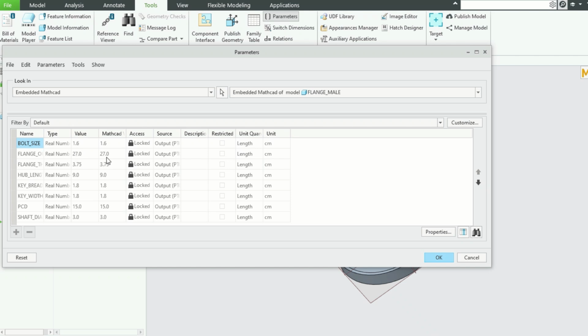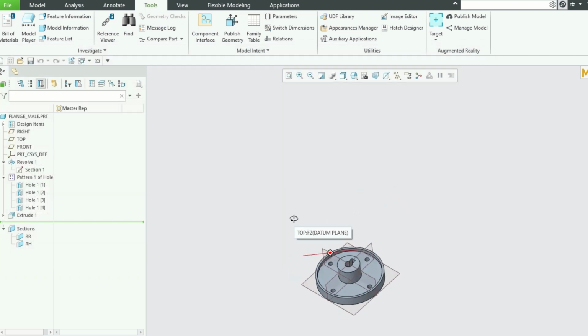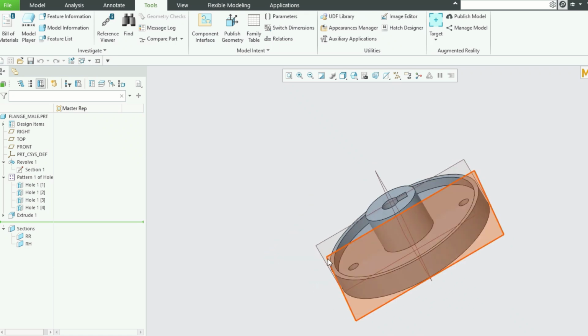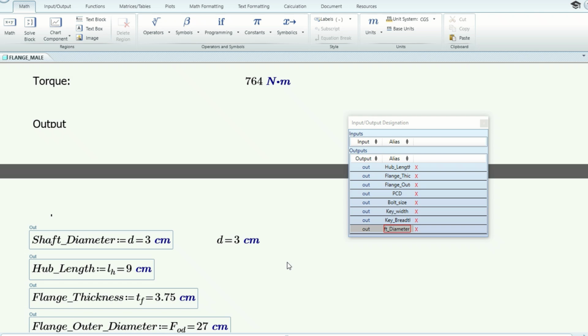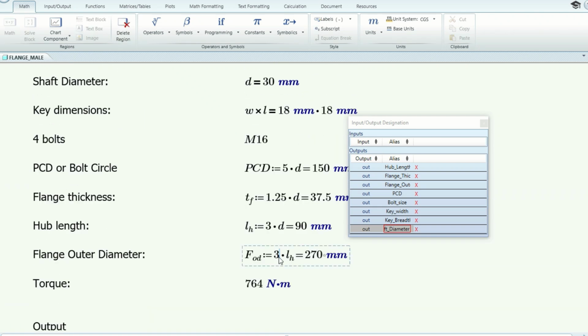Okay, the flange outer diameter is 27 centimeter instead of 270 mm. I think 270 mm itself is a bigger size. But anyway, it looks nice. We can control it. Thus we are going to iterate it. This one should be 2.5 times. We monitor everything.